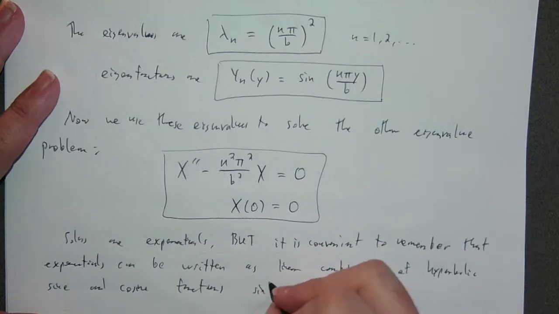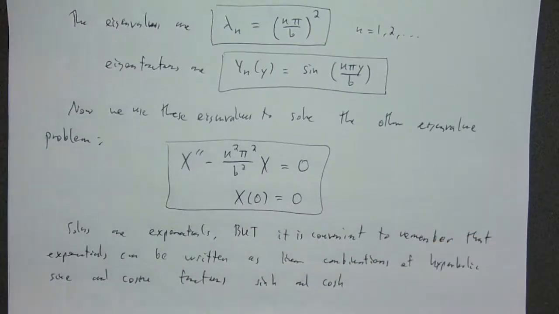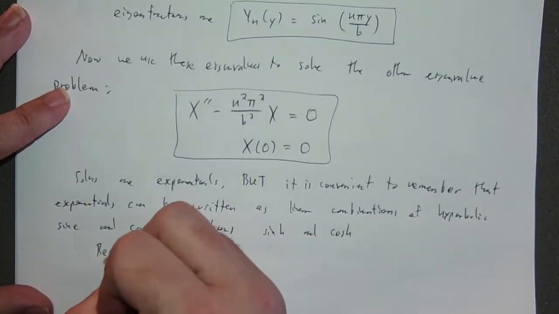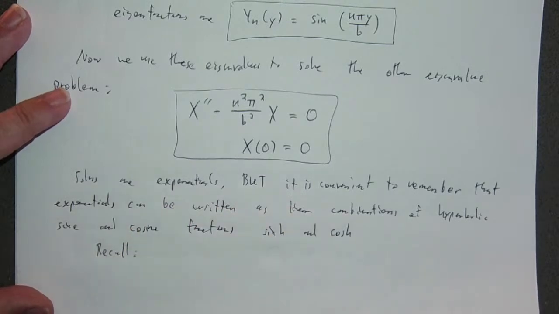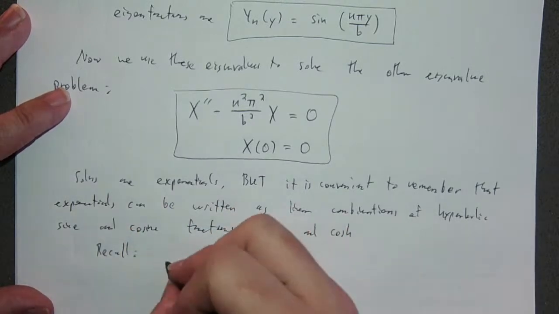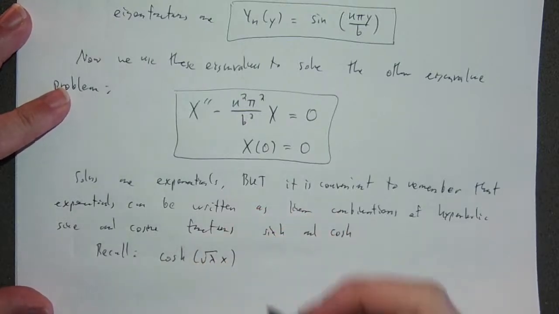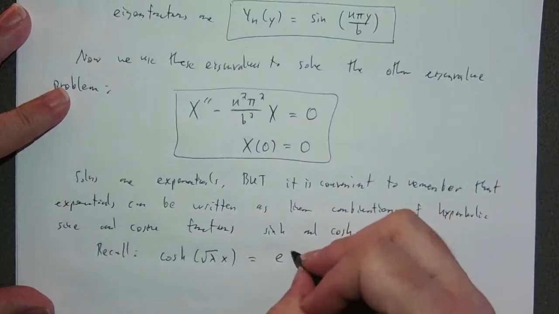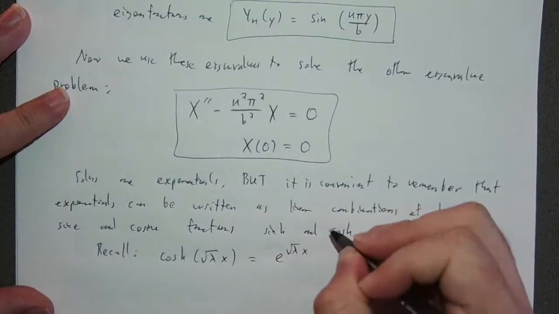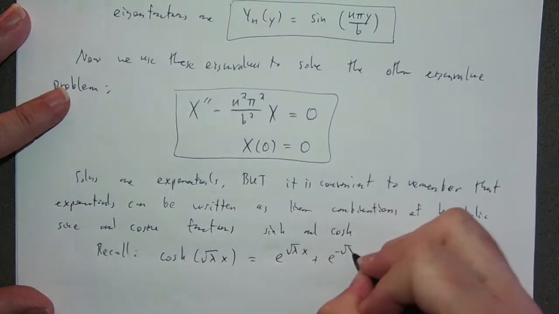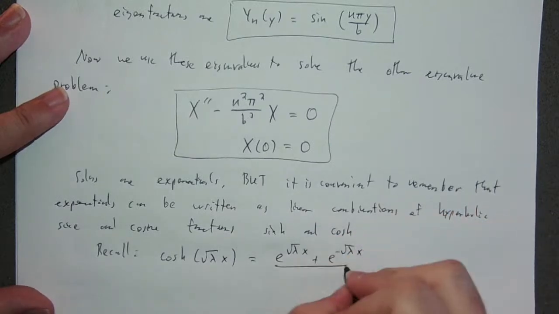Sinh and cosh. Recall that the cosh of square root of lambda x is e to the square root lambda x plus e to the minus square root lambda x over 2.